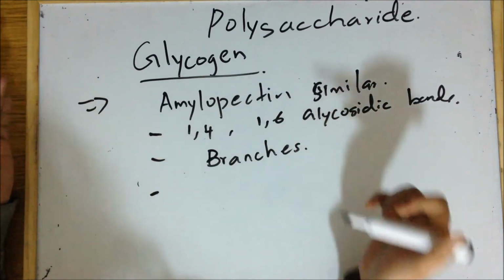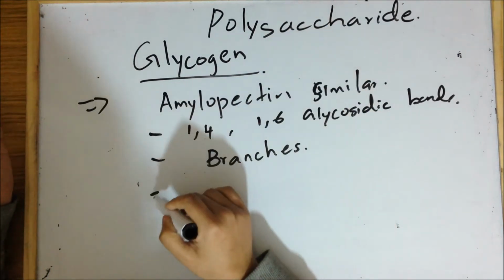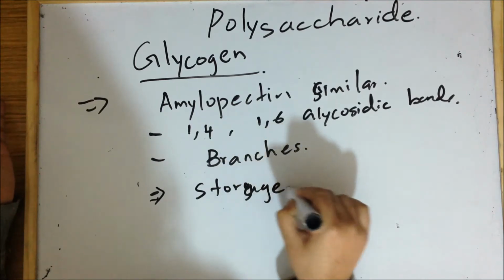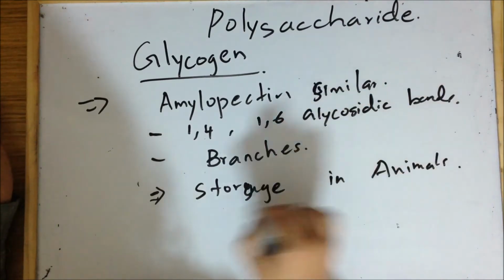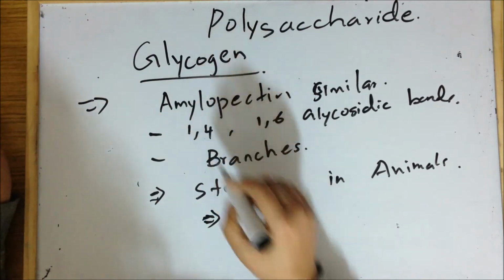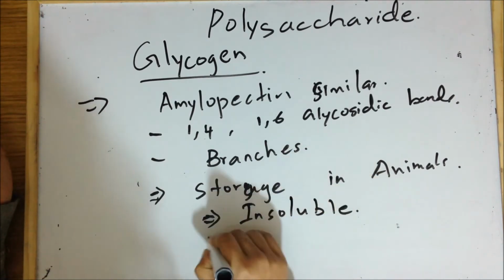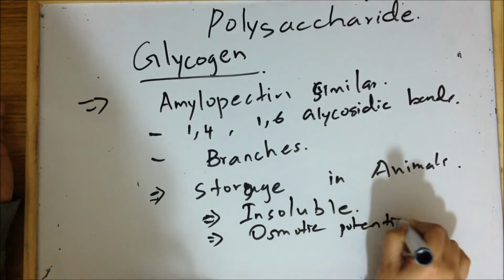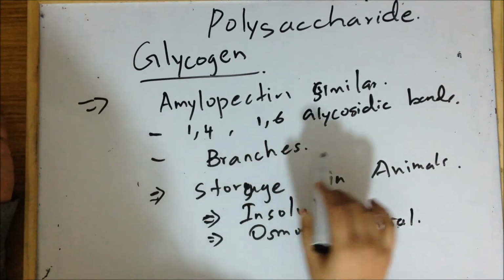Now let's see the characteristics of glycogen as a storage molecule. They are the storage molecule in animals, so the characteristics are similar to those of starch. They are insoluble, so the effect on osmotic potential is very little or none.